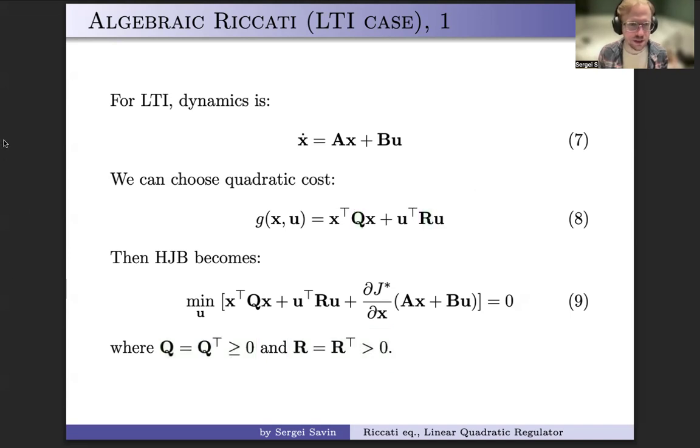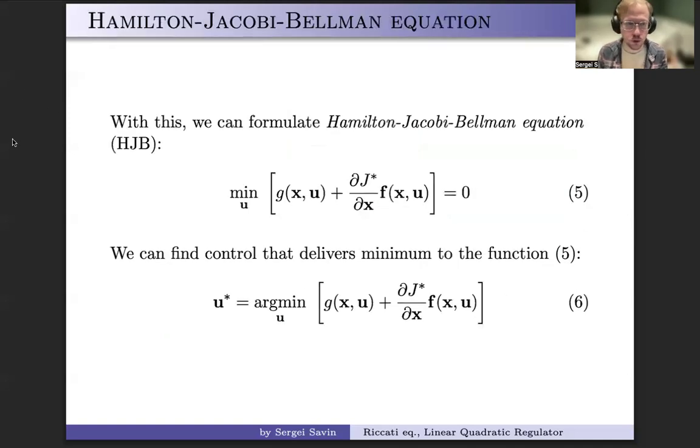Now, that said, given this f of x, and so x dot equals f of x in this form, giving our instantaneous cost in this form, we can substitute into the Hamilton-Jacobi-Bellman equation. You notice the instantaneous cost. There's a partial derivative of the optimal cost-to-go, and there's f of x here.